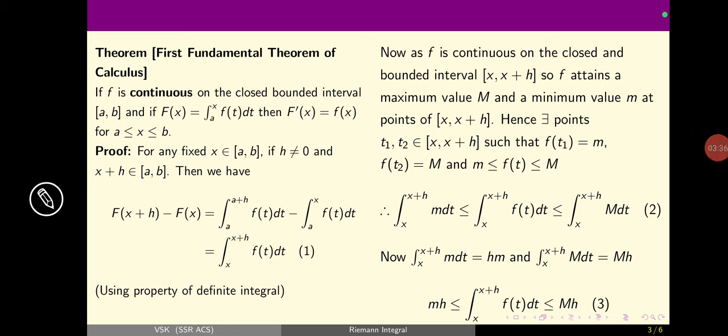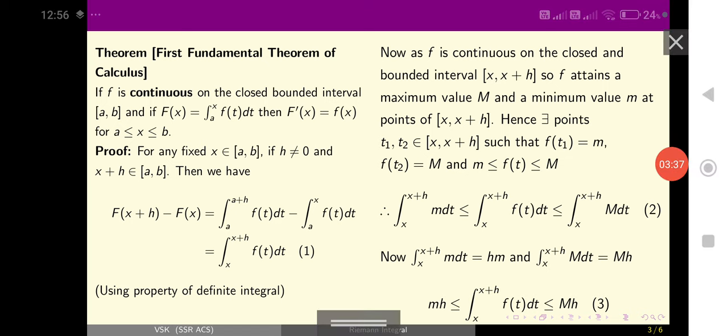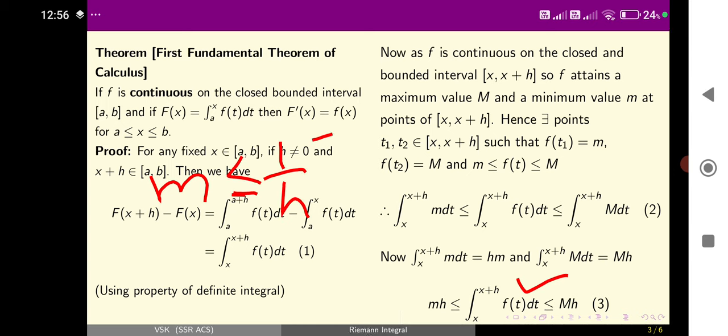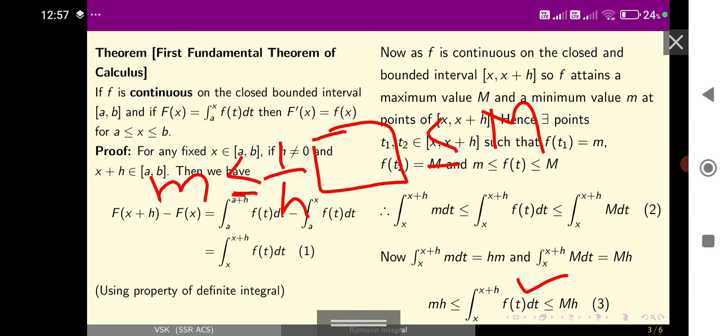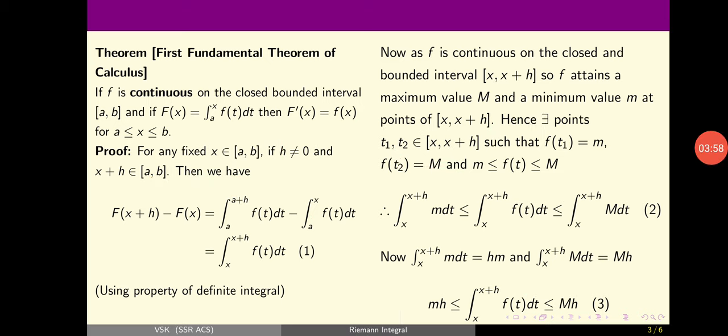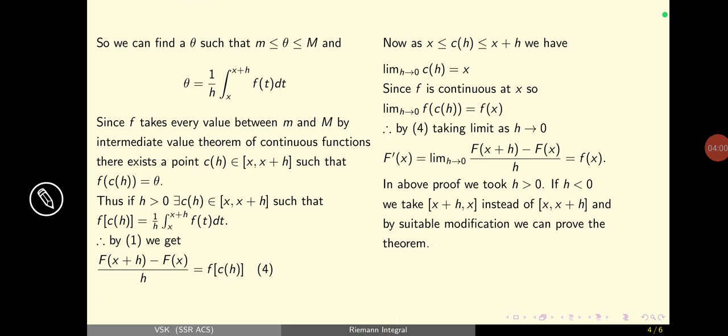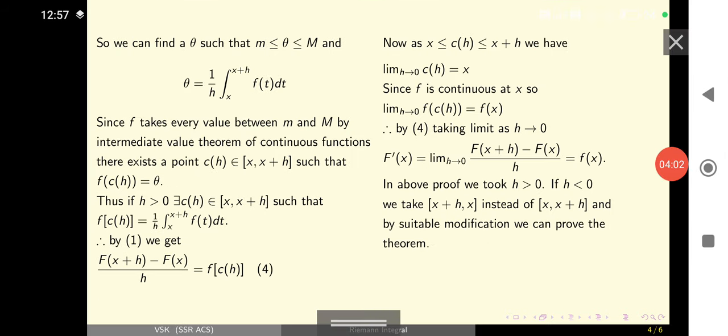We are obtaining this from here, because if we divide all sides by h, this will be m less than or equal to 1 upon h times the integral, less than or equal to capital M, where h is not equal to 0. So this we are denoting by theta over here.